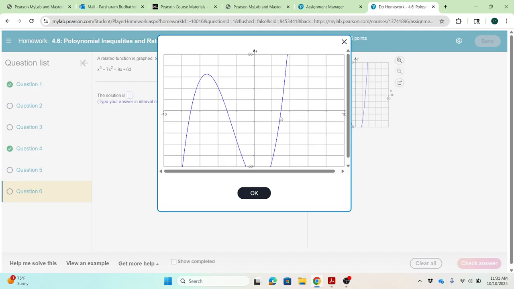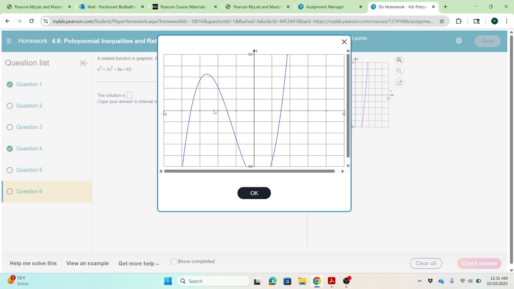As you can see here, this is 0, 2, 4, 6. This is -7. So to the left of -7, the function is negative. From -3 to +3, the function is negative.